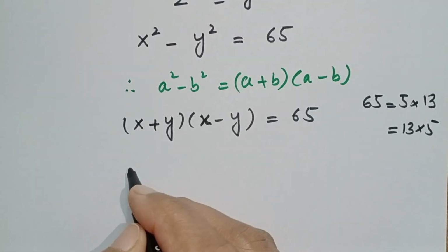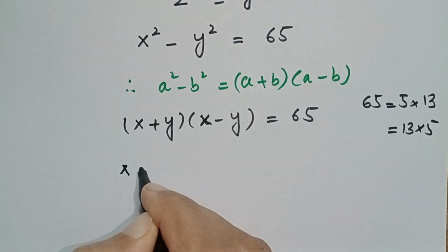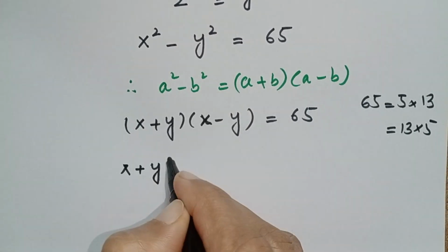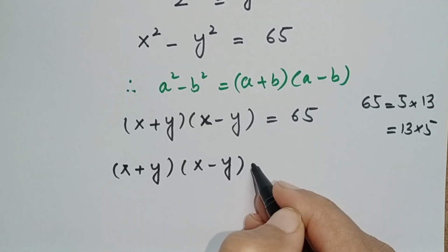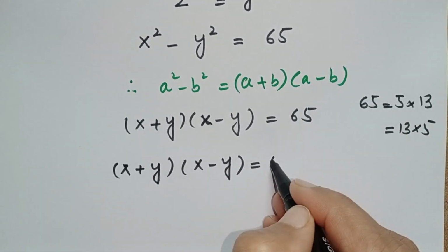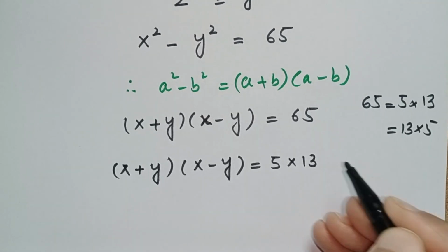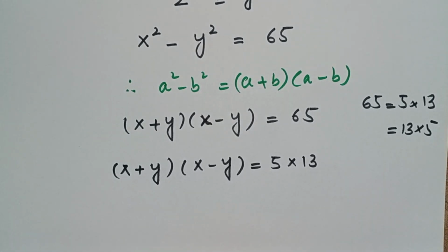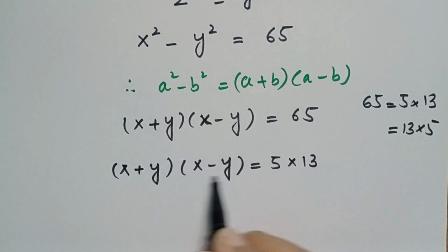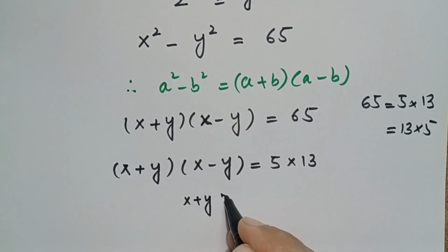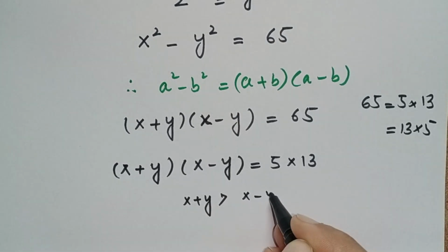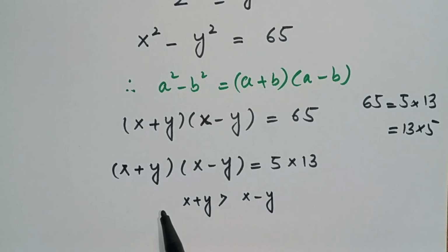So we can write x plus y, bracket times x minus y, is equal to, in the first case, 5 times 13. Here we know that x plus y is greater than x minus y.